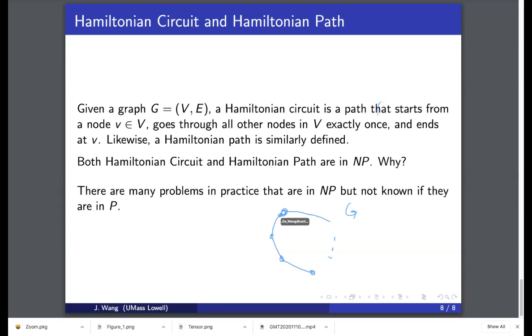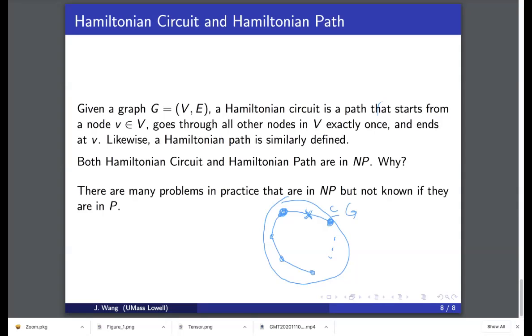This is a subset of G, and then this is a Hamiltonian circuit. Hamiltonian path means you don't have this return. You start from one node, you go through every other node exactly once and end up at the last node. That is a Hamiltonian path.